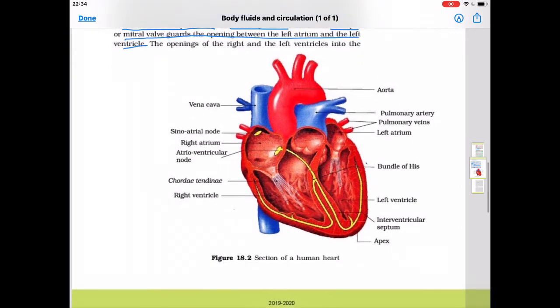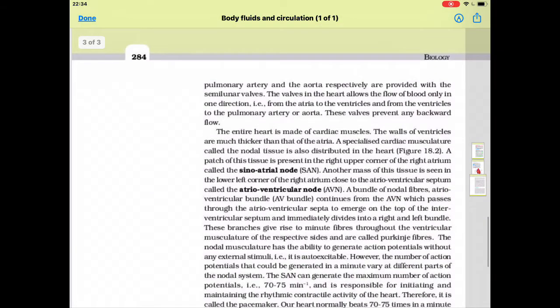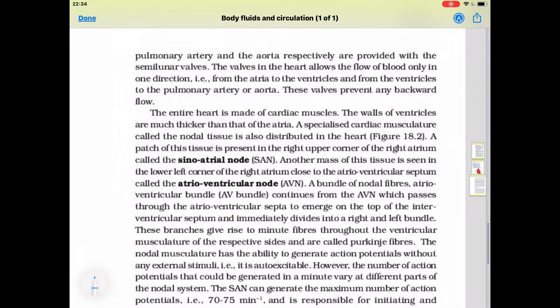The openings of the right and the left ventricles into the pulmonary artery and the aorta respectively are provided with semilunar valves. From the right ventricle, the pulmonary artery takes the deoxygenated blood, and from the left ventricle, the aorta takes the oxygenated blood. So these are guarded by semilunar valves.